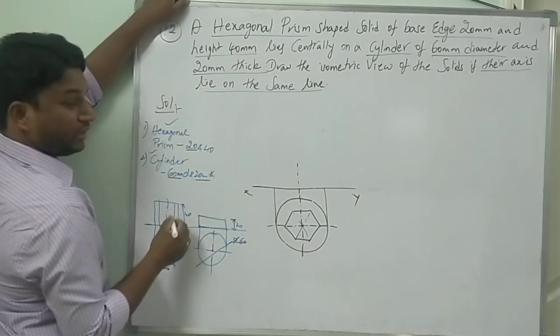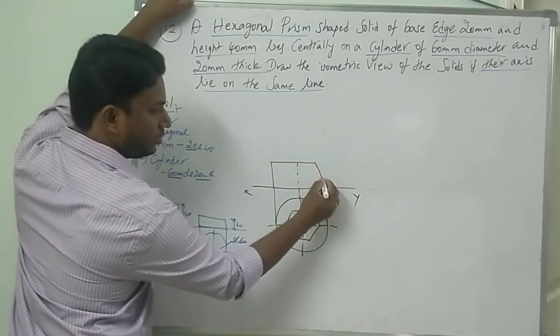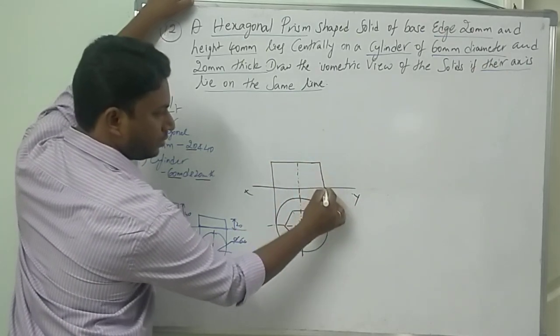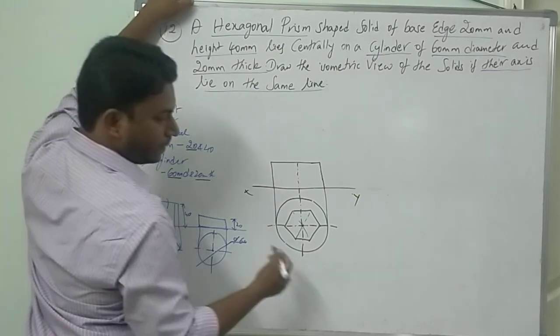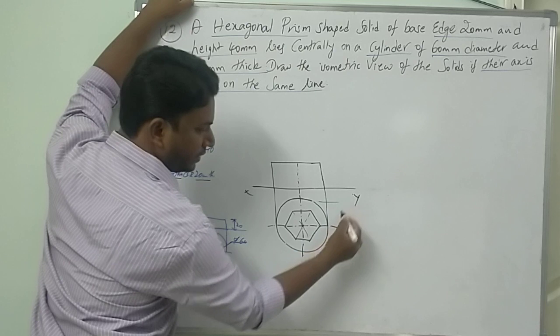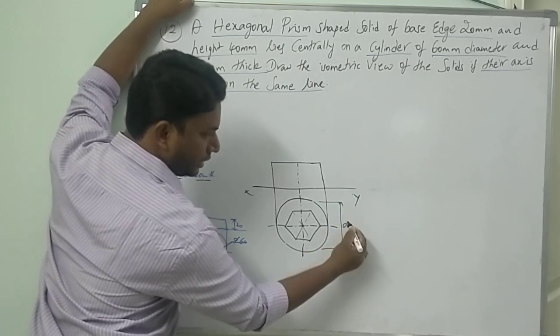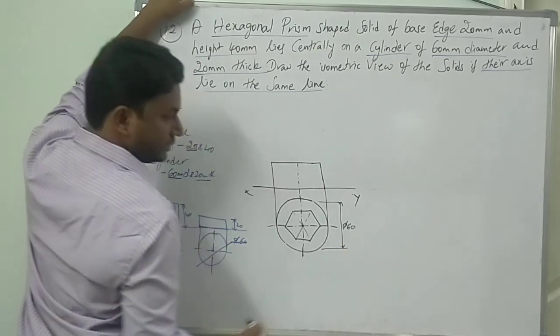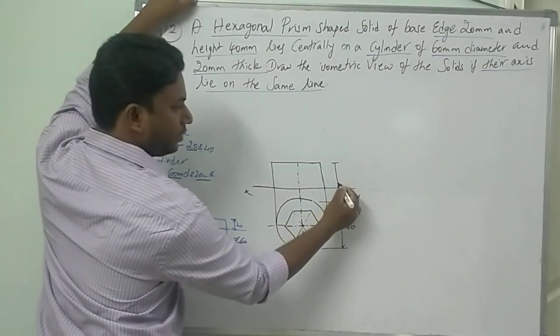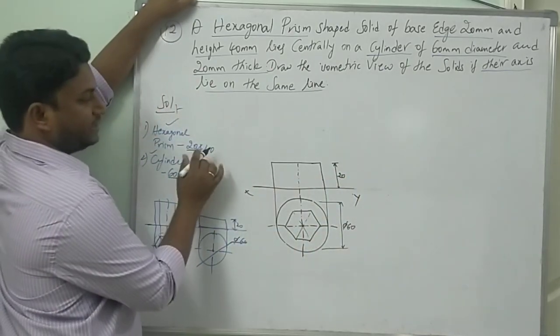Thickness height is 20 mm only, just 20 mm. Try to do the dimensions for your clarification. I am extending these two, showing this circle diameter as 60, height as 20. Now prism height 40.